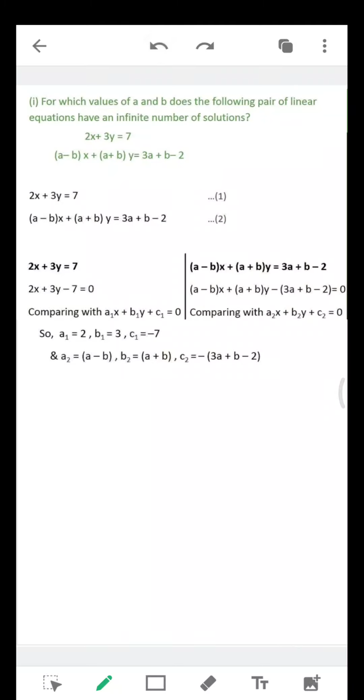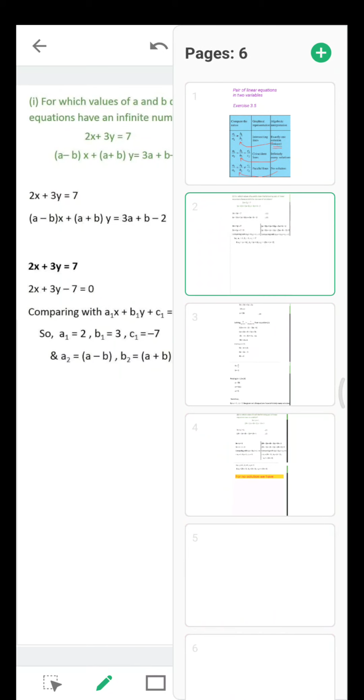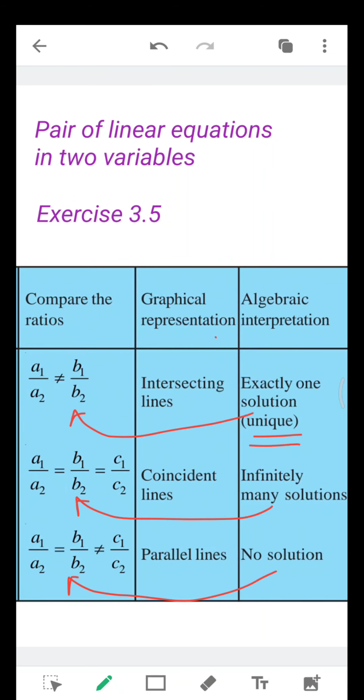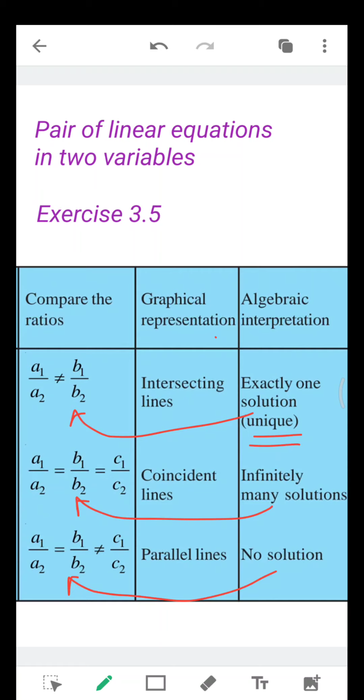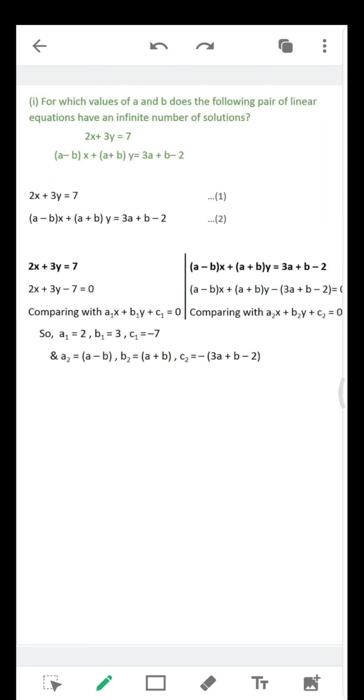First we need to compare. As I said, for infinitely many solutions we have a condition: a1 by a2 is equal to b1 by b2 is equal to c1 by c2. Keep this in your mind. Before we use that condition, we should first know the values of a1, b1, c1.